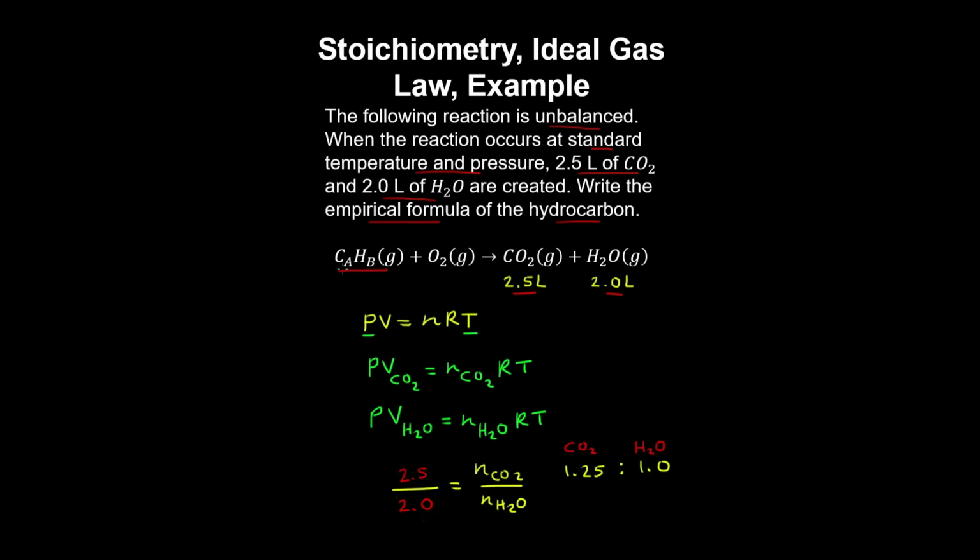But what we're looking for is the number of moles of carbon and hydrogen in our original hydrocarbon. So for every mole of CO2 produced, 1 mole of carbon is produced. And for every mole of H2O that's produced, 2 moles of hydrogen are produced. So we'll just multiply this by 2. And now to get to the nearest whole number, we just multiply both sides by 4. So therefore the empirical formula of the hydrocarbon is C5H8.